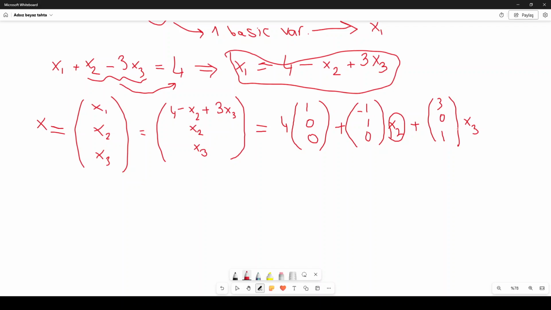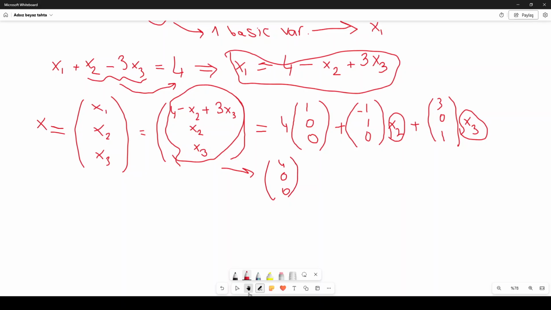So changing these values, if we change x2 and x3, in other words x2 and x3 can take on any real values, then summing this up, any combination in this form would yield us a result, a solution, right? So we have an infinite number of solutions in this case. Suppose, for instance, I take x2 equal to 0 and x3 equal to 0, then what I got is 4, 0, 0, right?